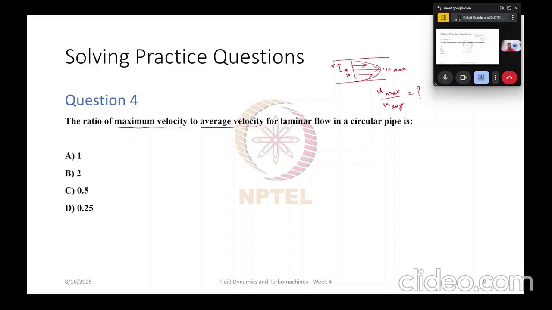Let's take a look at the solution. It's actually 2. So, let's try to solve this.